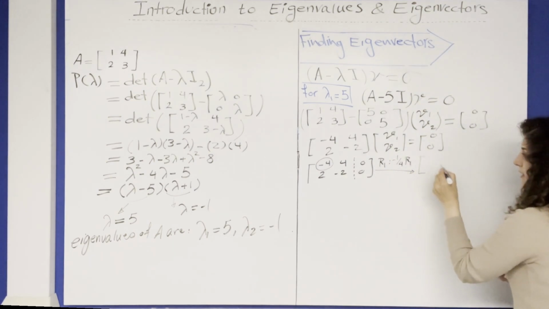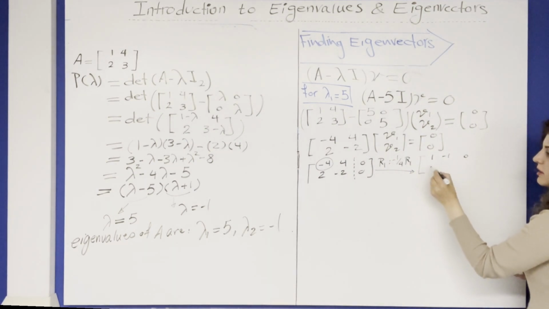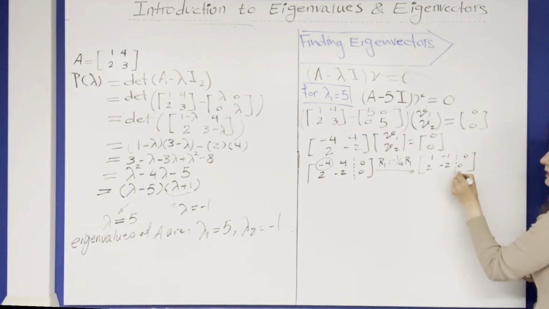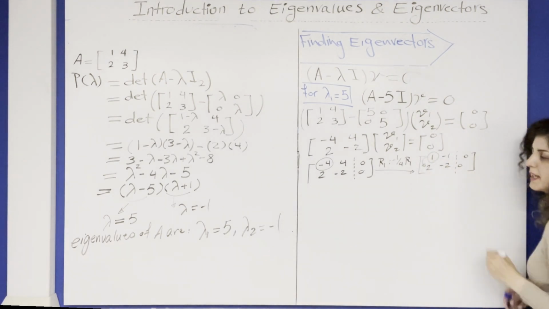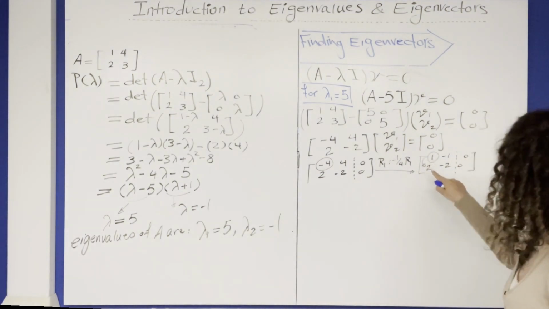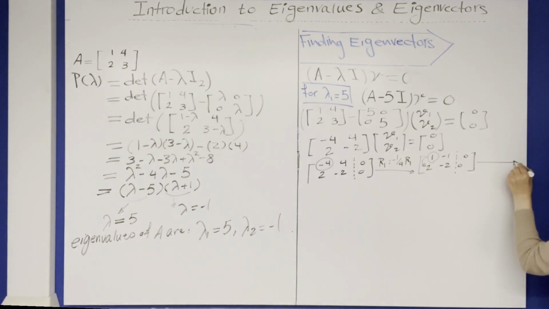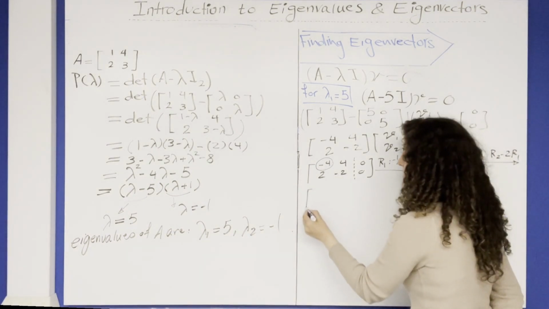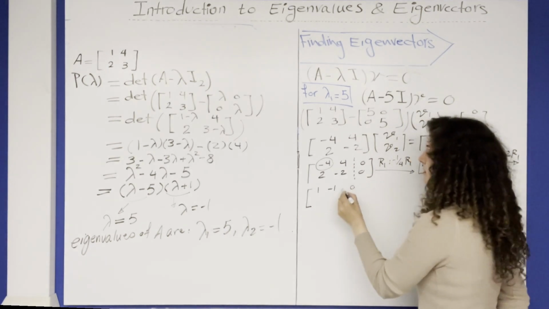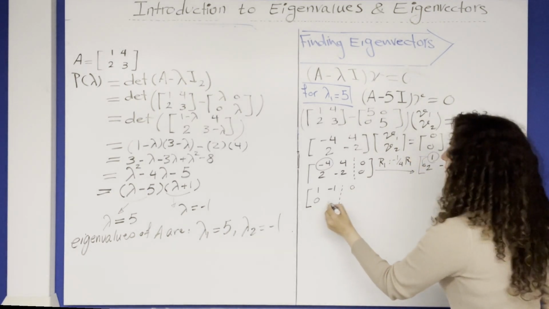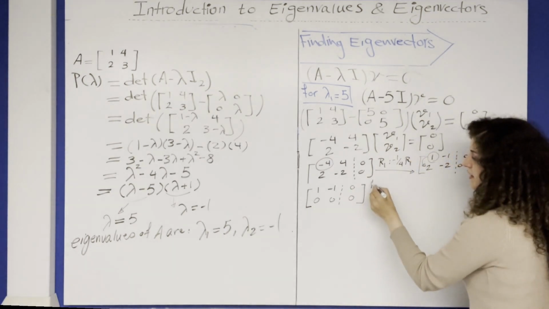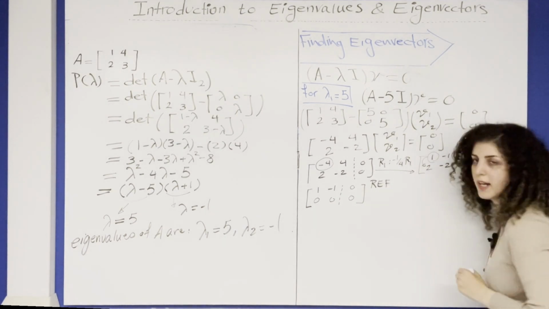And I'll get 1, negative 1, 0, 2, negative 2, 0. And I'm going to use this to make whatever is under it 0. So I'm going to use replacement. So replace row 2 with row 2 minus 2 times row 1, and I'll get 1, negative 1, 0, 0, 0, 0. And this is the row echelon form, right?